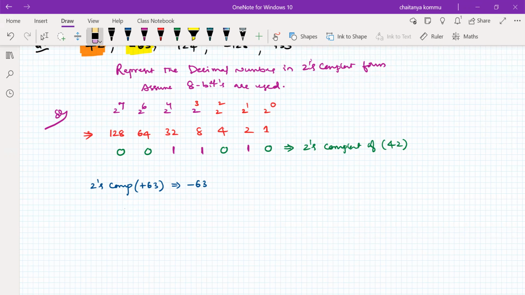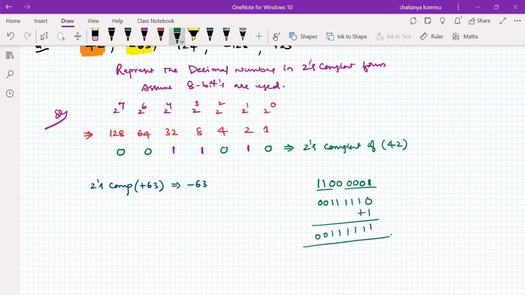For example, 1 1 0 0 0 0. What is the 2's complement of this number? How do we do this?